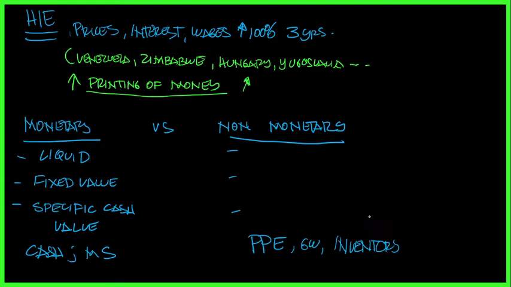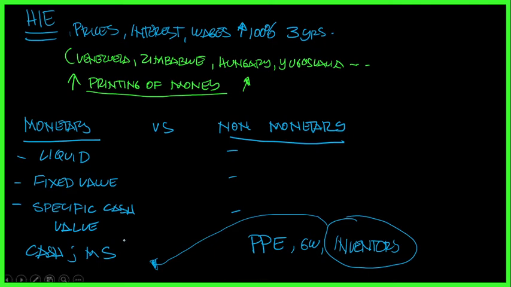But it actually depends on your inventory. If your inventory are highly marketable, like for example, gold, silver, titanium, then they may be classified as part of your monetary items. Okay? So, ayun. Let's have an example.